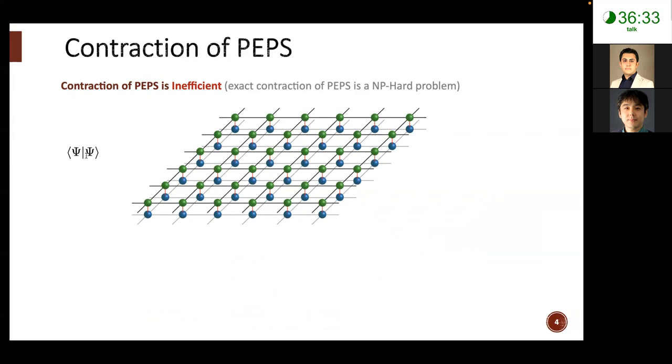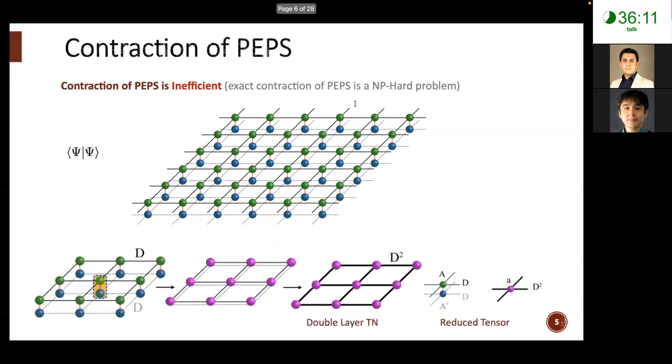The norm amounts to the contraction of this network, which, if it is an infinite lattice, is an infinite tensor network that has to be contracted both along the virtual legs and also the physical legs, which is a challenging problem. Actually, contraction of this network is an NP-hard problem, highly non-trivial and very complicated. So we have to resort to some approximation techniques, some of which I'm going to review in future slides.